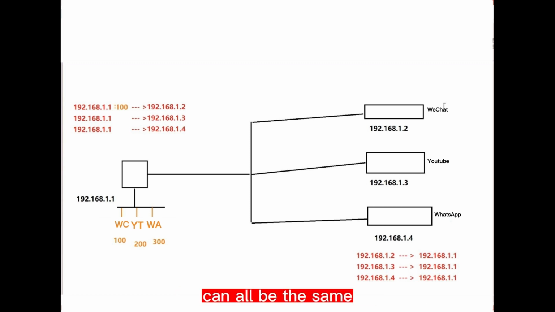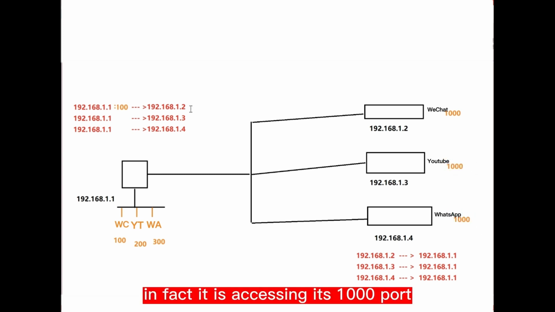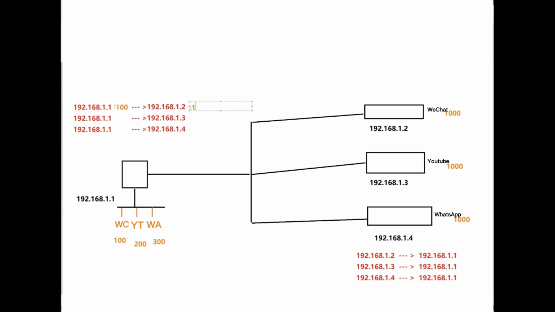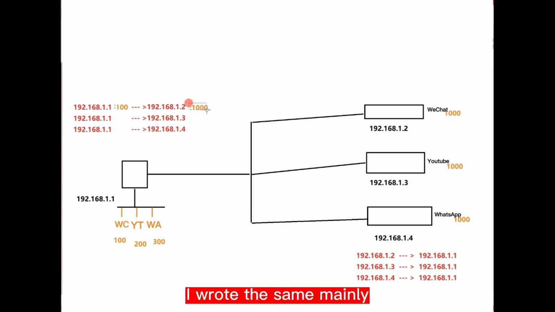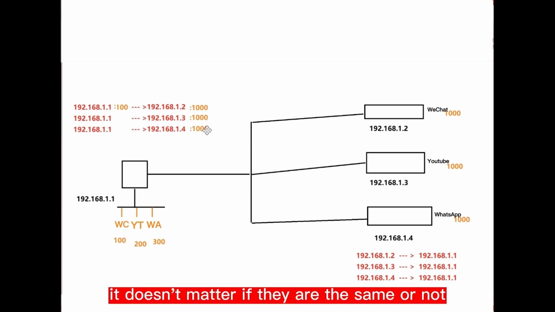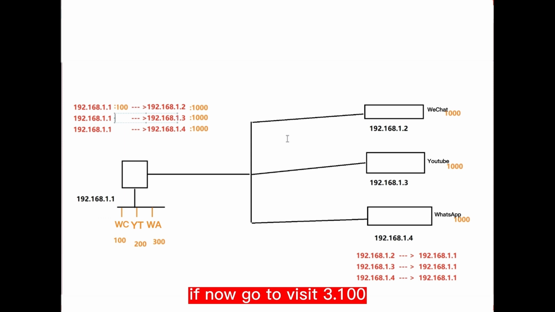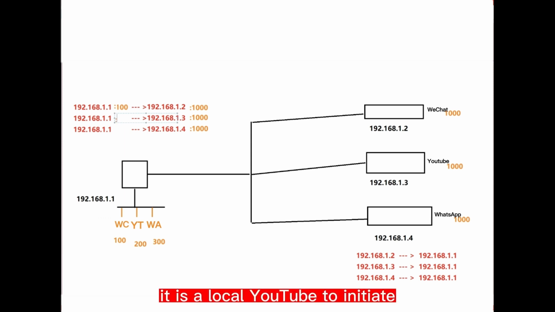So now for the other party, assuming their port numbers can all be the same. For example, they are all port 1000. Now for data communication, in fact, it is accessing its 1000 port. The same is true below. I wrote the same mainly for the convenience of copying. It doesn't matter if they are the same or not. If now go to visit 3.100, it is a local YouTube to initiate.